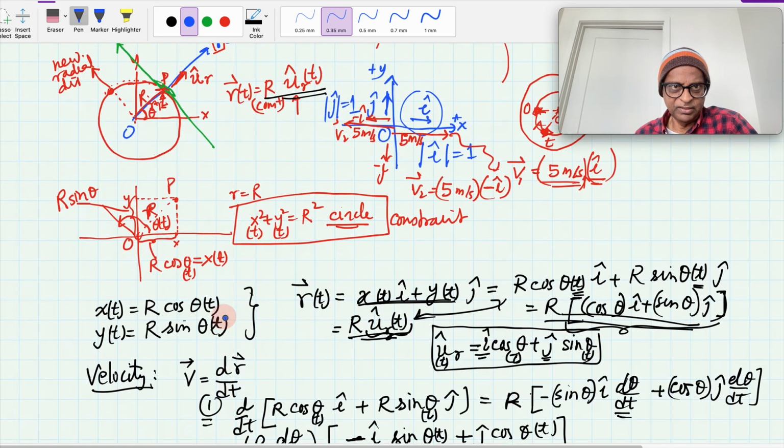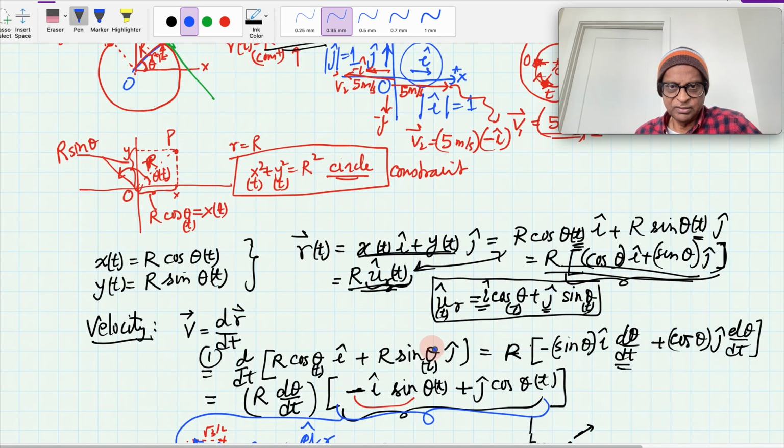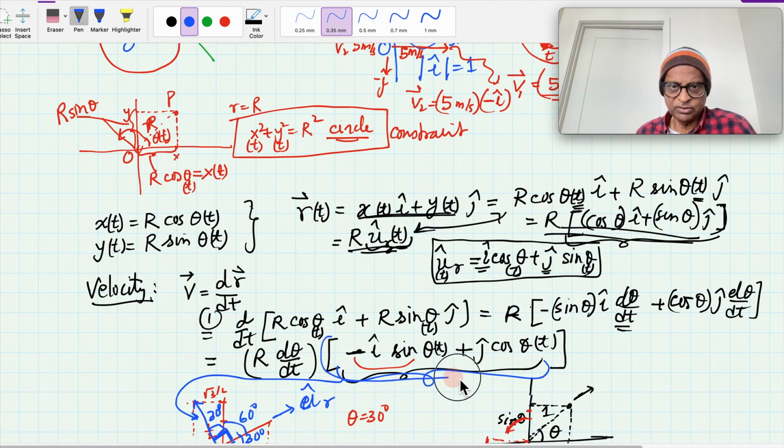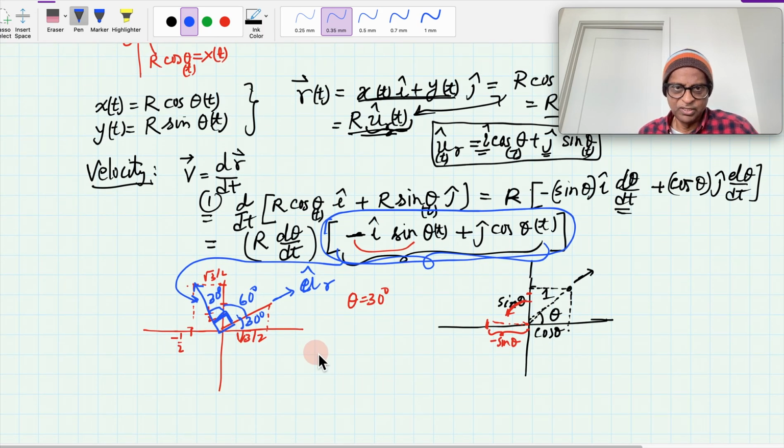Going back in our tangent. This is of course 90 degrees. So what this direction is telling me, this direction is actually the tangent direction. And it has a unit magnitude. So if you look at the magnitude of this vector, we're going to denote this by u hat theta, tangential here.